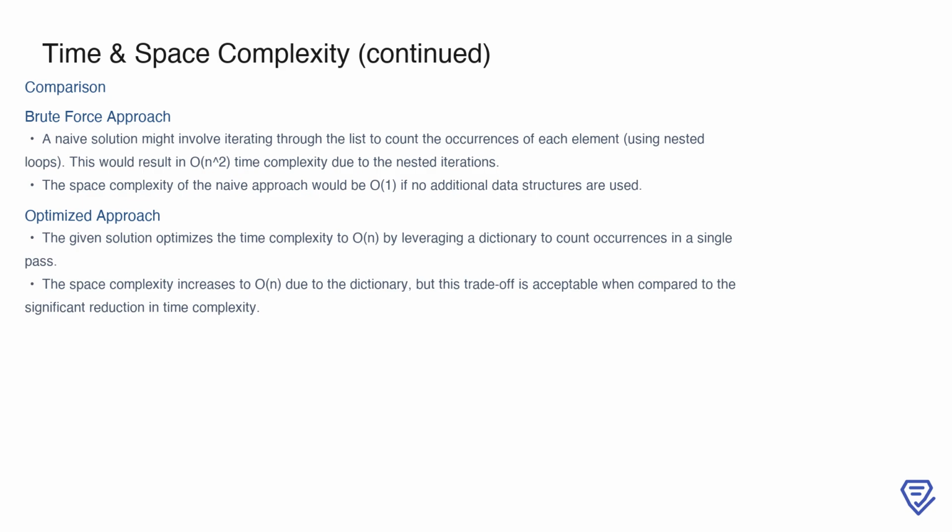While this approach has a space complexity of O(1), since it doesn't use additional data structures, the trade-off in terms of time is significant. In contrast, the optimized solution reduces the time complexity to O(n) by counting occurrences in just one pass using a dictionary. Although this increases the space complexity to O(n) due to the dictionary, the improvement in time complexity makes it a far more efficient solution overall.